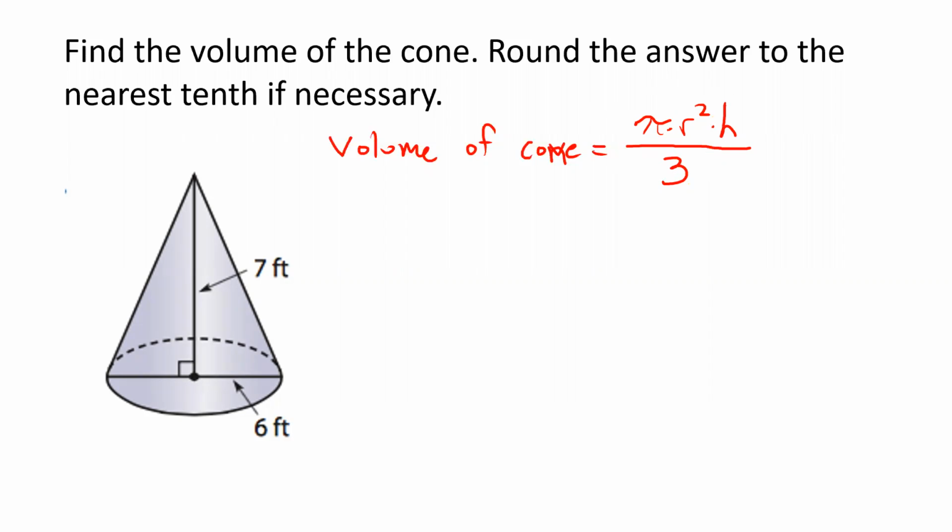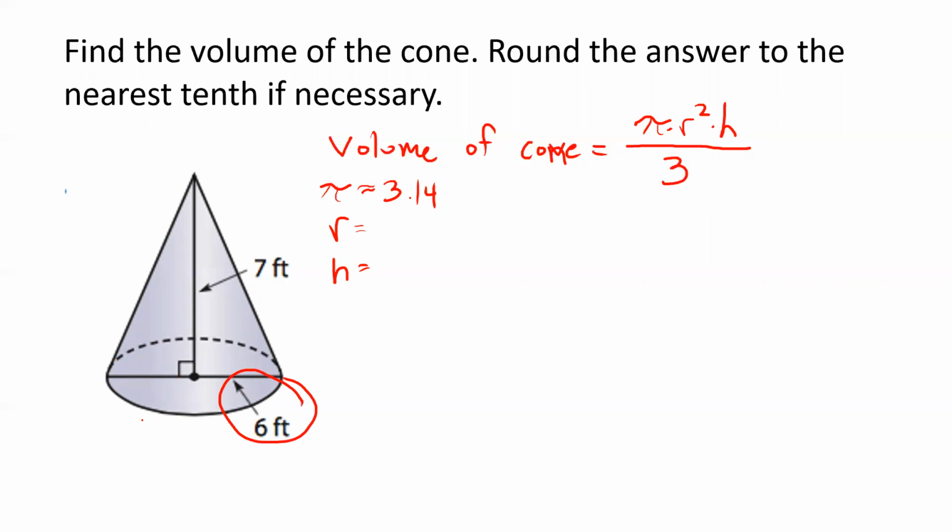We're going to use the same information that pi, we're always going to approximate as equal to 3.14. From there, we can plug in 3.14, and we need an R and an H. Over to our cone, your R is this distance right here.